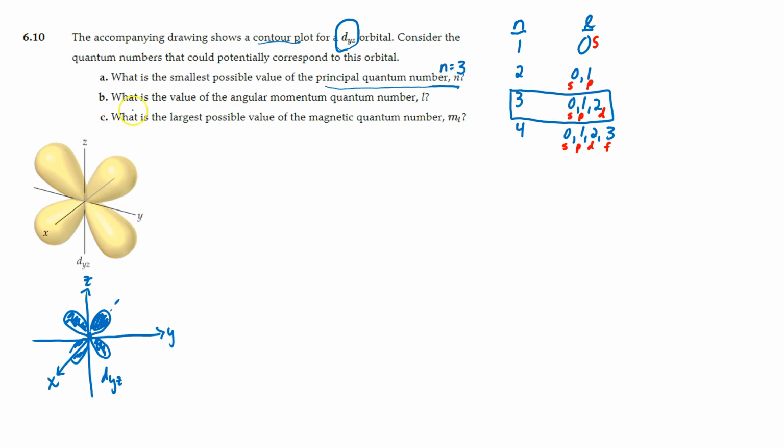Now, what about part B? What is the value of the angular momentum quantum number l? Oh, I think we already figured that out, right? These are the allowable values for l, and we're saying that when l is 2, we call it d. l is 2.